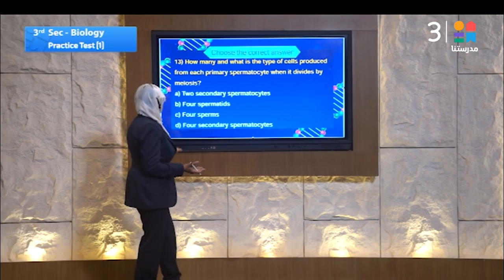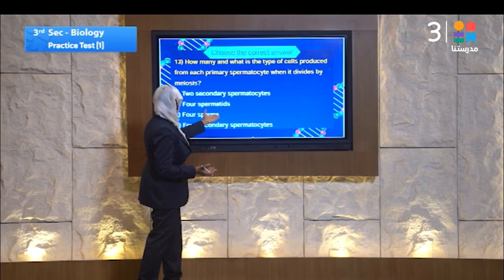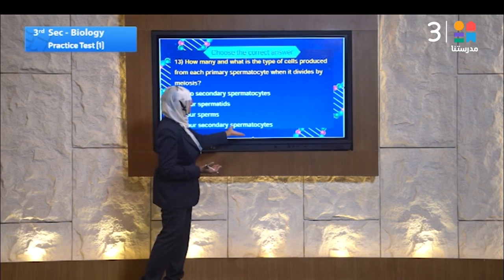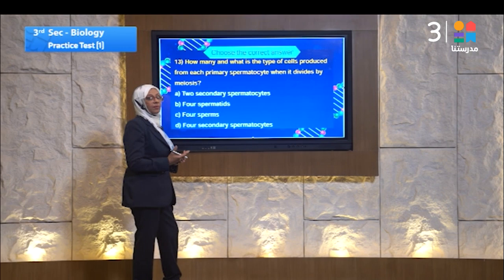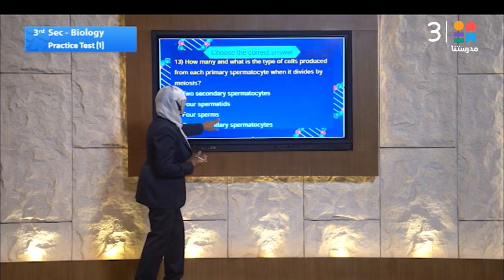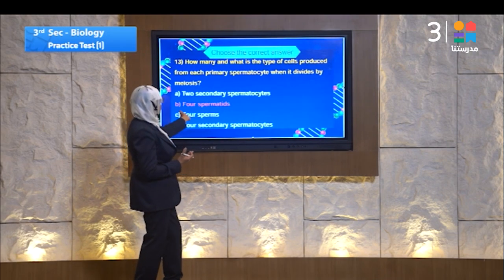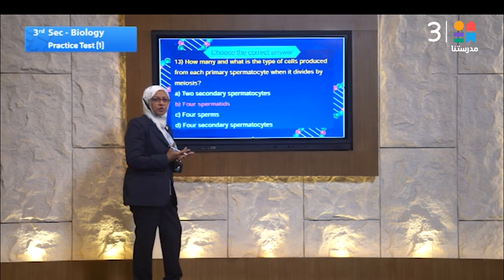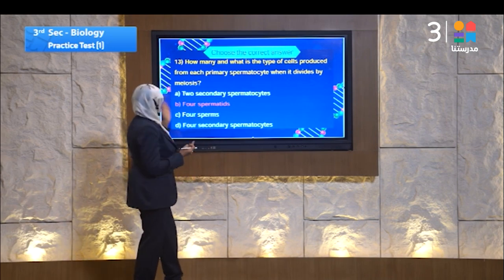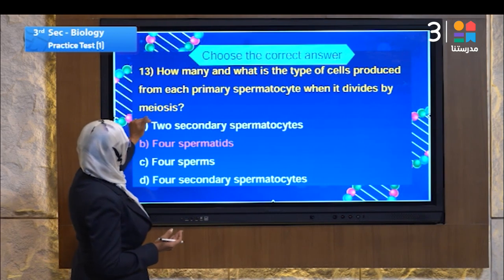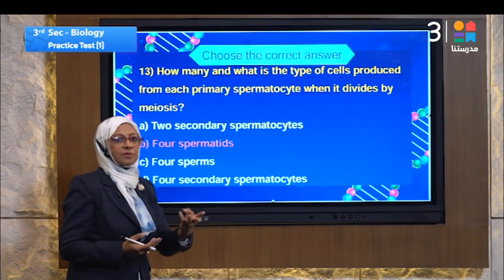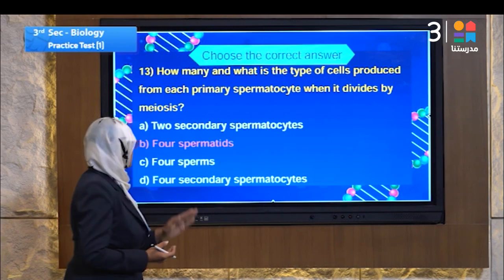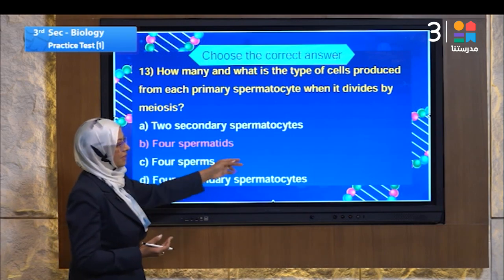No. 4 spermatids, 4 sperms, 4 secondary spermatocytes. It must be the answer, must be the 2: 4 spermatids. Why 4 spermatids? Because the division here is meiosis. It must give 4 cells, each one containing half the number of chromosomes. It will be 4 spermatids.